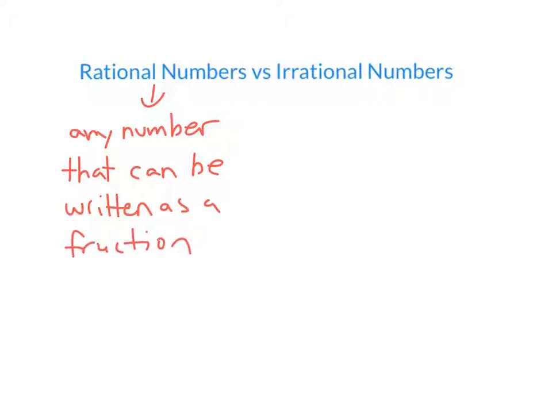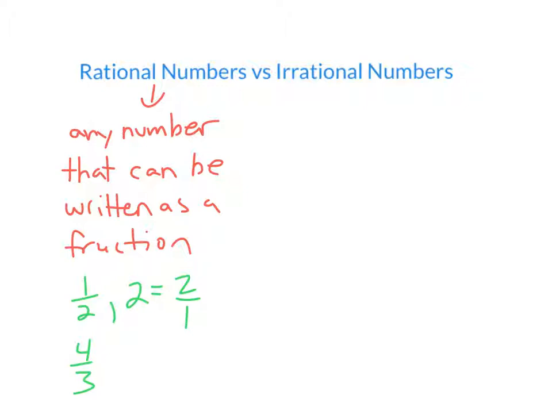So if you think about that, as examples, obviously 1/2, but also 2, because you can write 2 as 2 over 1. So any fraction that you think of, whether it's a normal fraction or an improper fraction, or integers, are all considered rational numbers. So the rational numbers get really, really big.